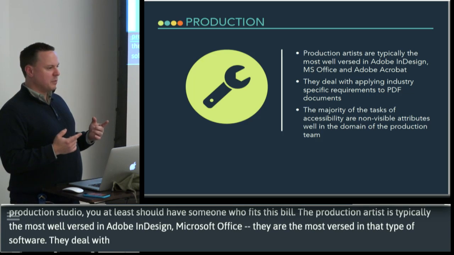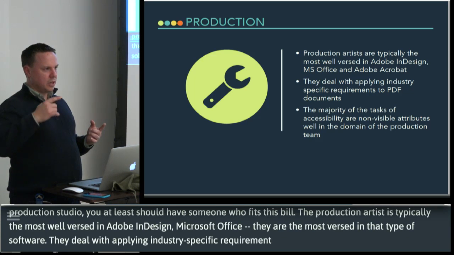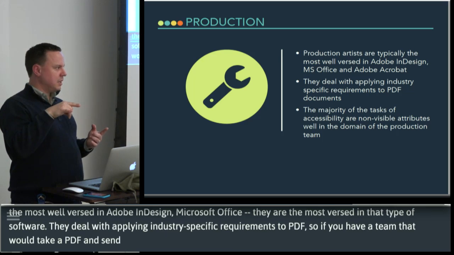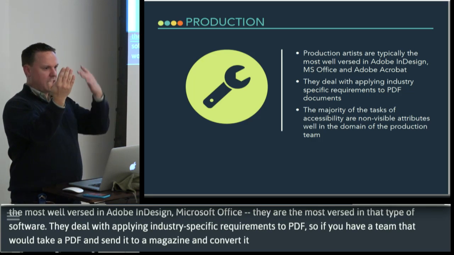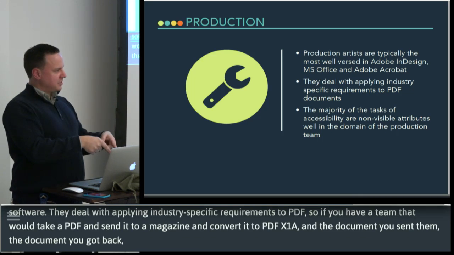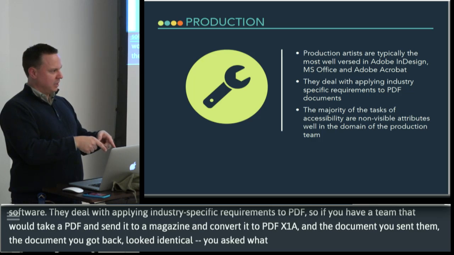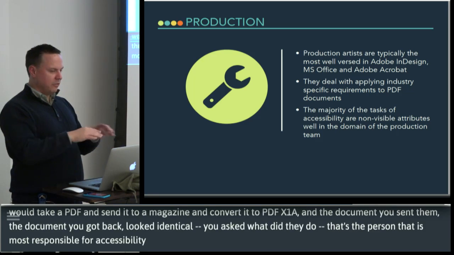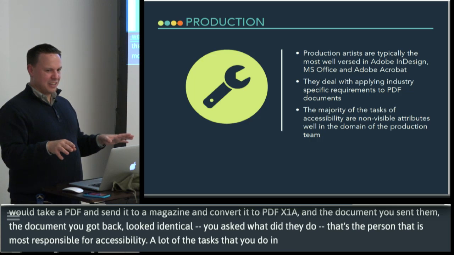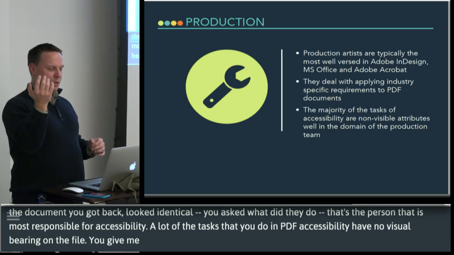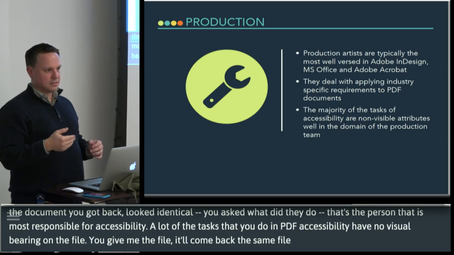So if you have a team of people in your workflow that would take a PDF, send it to a magazine and convert it to PDF/X-1a, and the document that you sent them and the document you got back look identical, and you ask, well, what did they do? That's the person that is the most responsible for accessibility. A lot of the tasks that you do in PDF accessibility have no visual bearing on the file. So you would give me the file, it would come back the same file size, hopefully, maybe a little bit bigger, but with no visual changes.